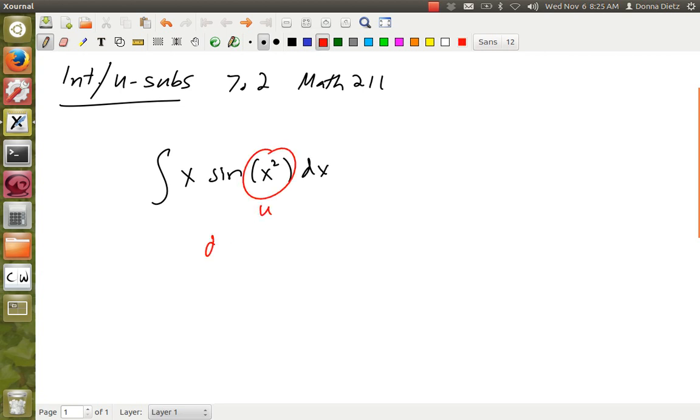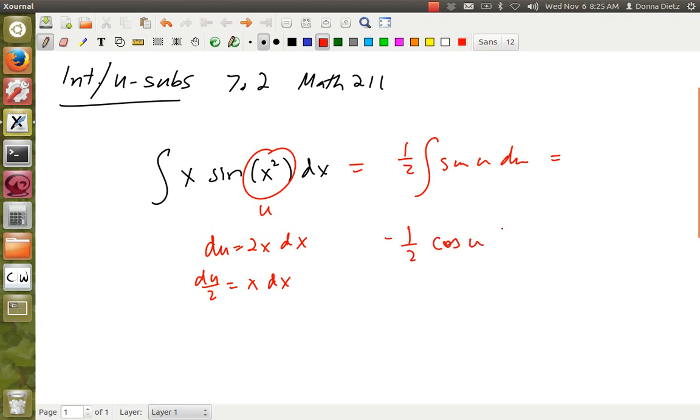This is the u. du is 2x dx. du over 2 is x dx, so we get 1/2. And that 1/2 can go inside or outside, doesn't matter. Sine of u du. The important thing is the sign.